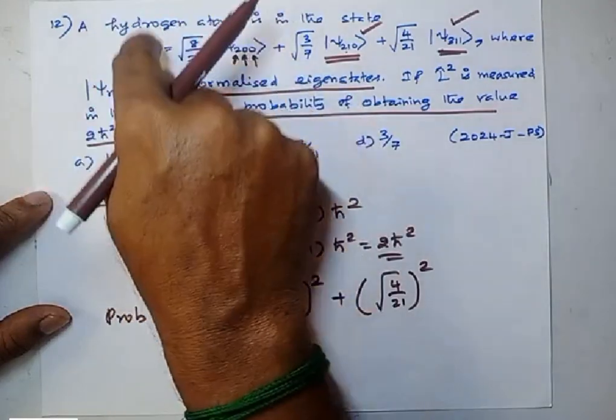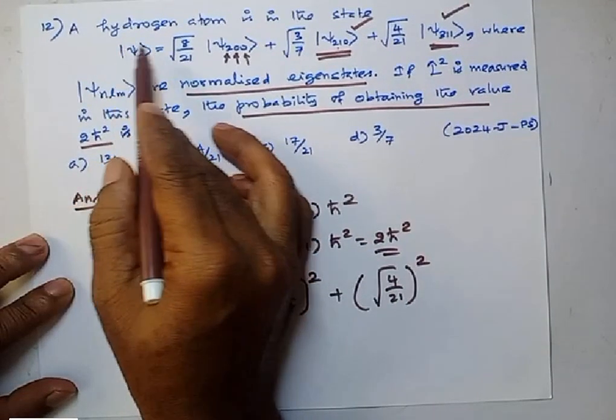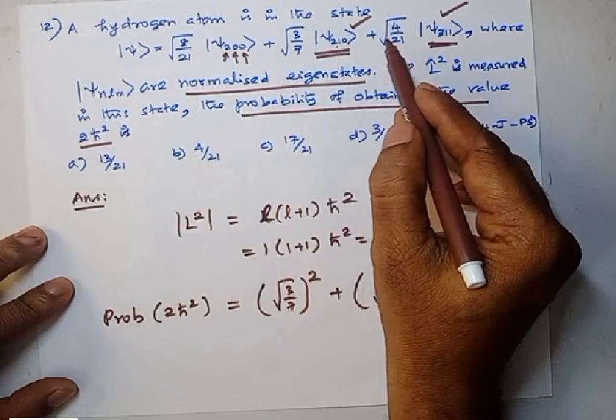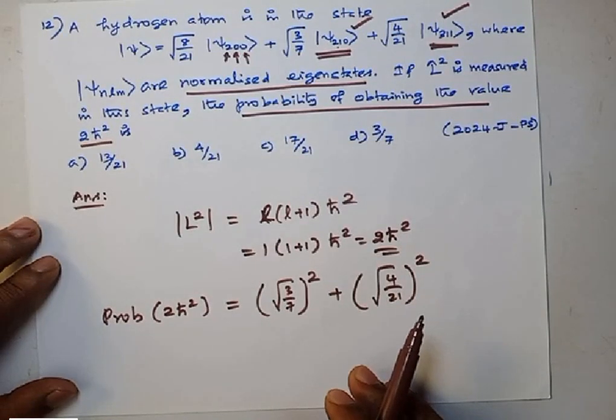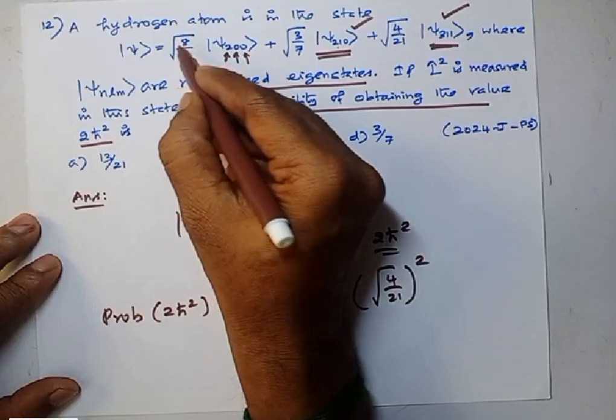For a normalized state, if this wave function is normalized, then you can take the square of this coefficient plus the square of this coefficient as the probability. So we have to check that. You do that.